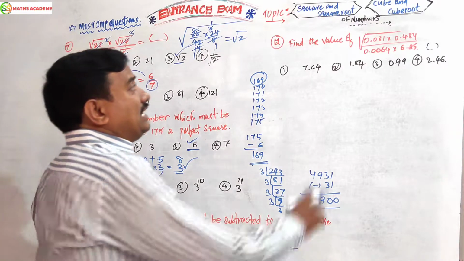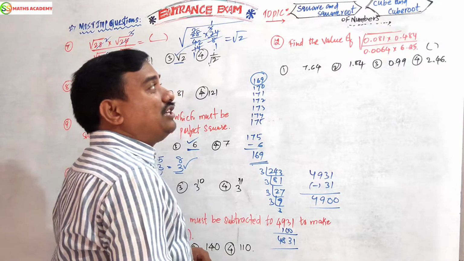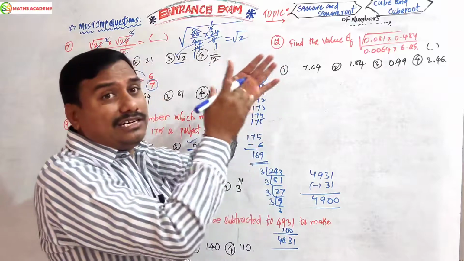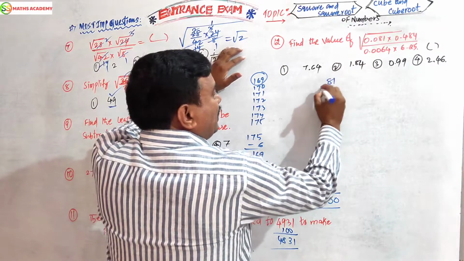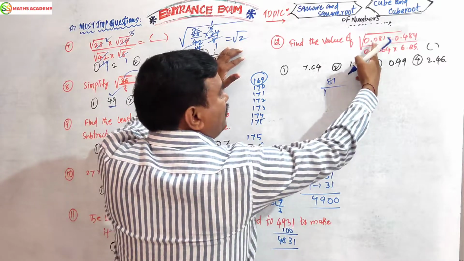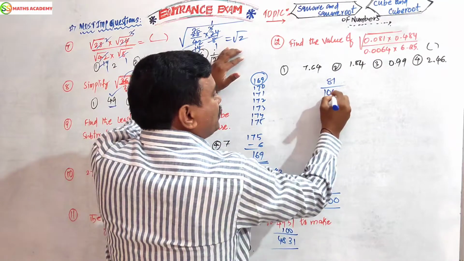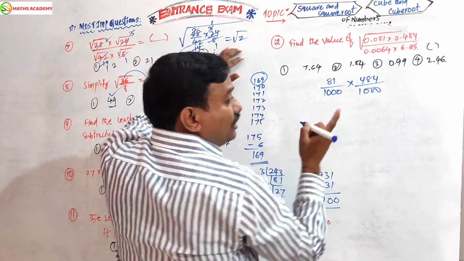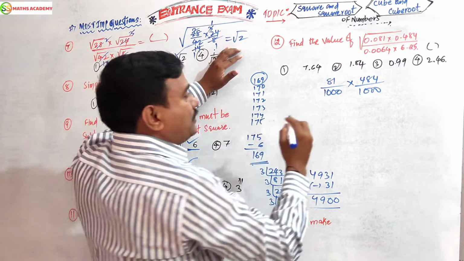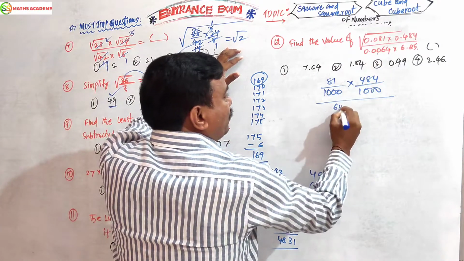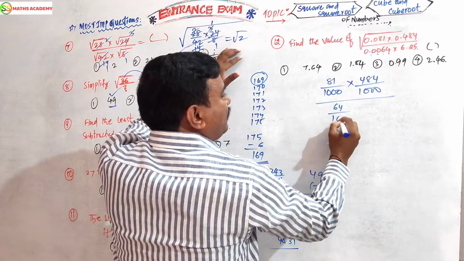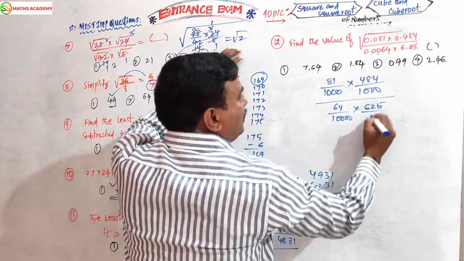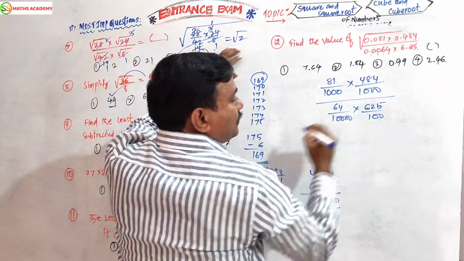Right? Next, find the value of 0.081 into 0.484 by 0.0064 into 6.25. Simple. First you have to convert the decimals into fractions. 0.081 is 81 by 1000, with 3 zeros. Into 484 by 1000, also 3 zeros. By 64 by 10,000, 4 zeros. Into 625 by 100, 2 zeros.